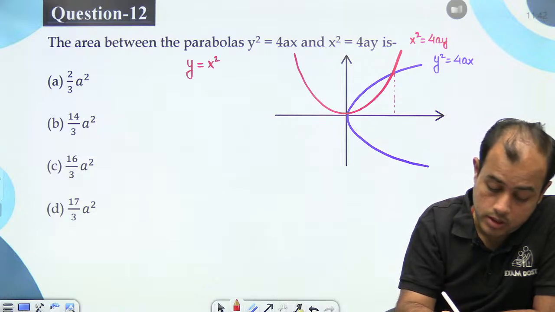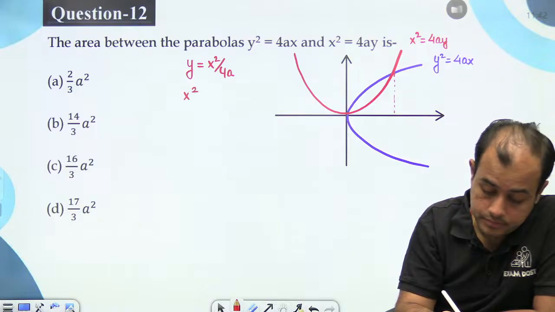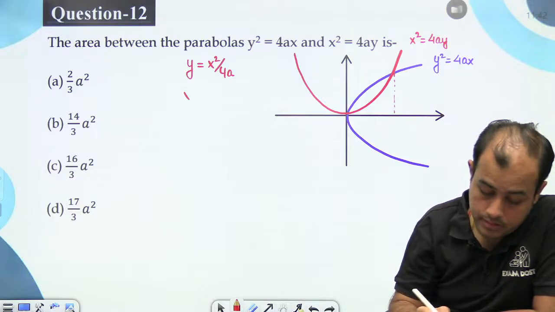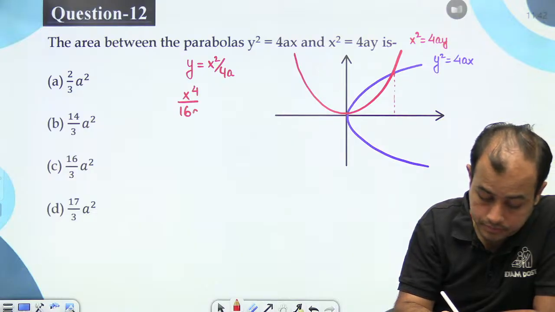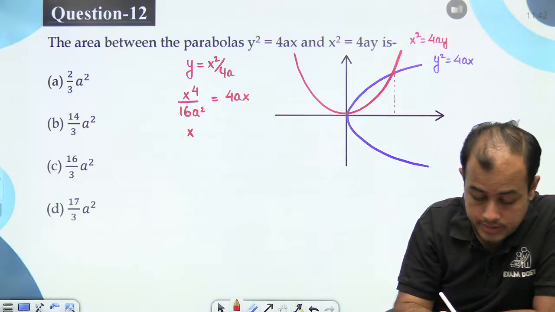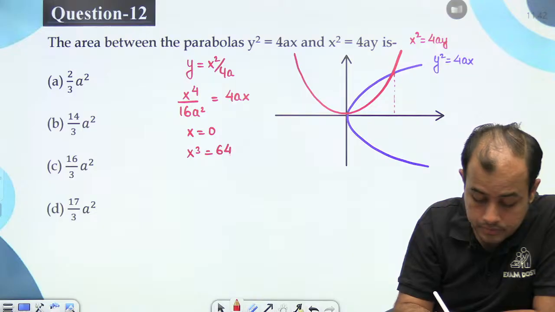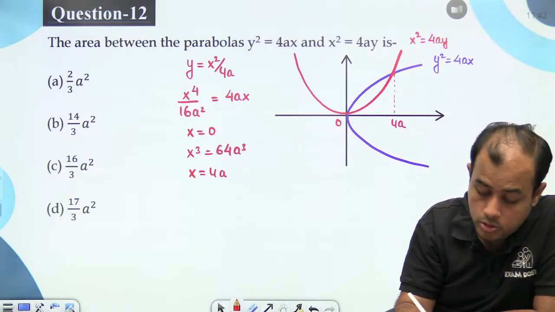So, y equal to x square by 4a. Then y square. So, one is x equal to 0. So, you have to go from 0 to 4a.